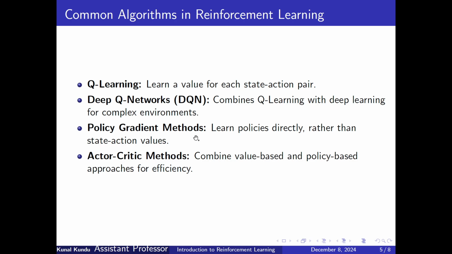Policy gradient methods. These algorithms learn policies directly, focusing on improving the agent's decision making strategy. Next is actor critic methods. This is a hybrid approach that combines value based and policy based methods for faster learning. These algorithms make reinforcement learning versatile and powerful.